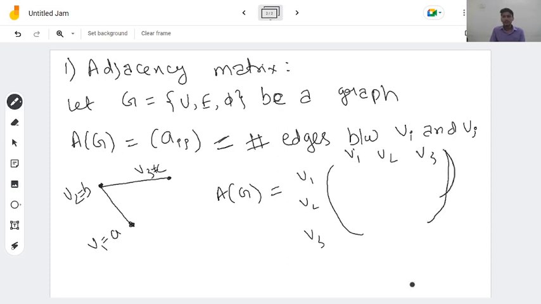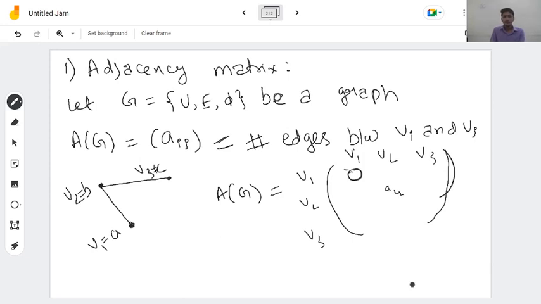Now this first box is A11, right? A11 means the number of edges between V1 and V1. There are no edges between V1 and V1. Therefore this entry will be just 0. This entry is A22, right? So what will be there in A22?